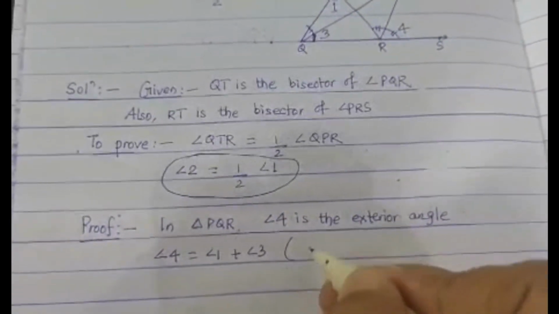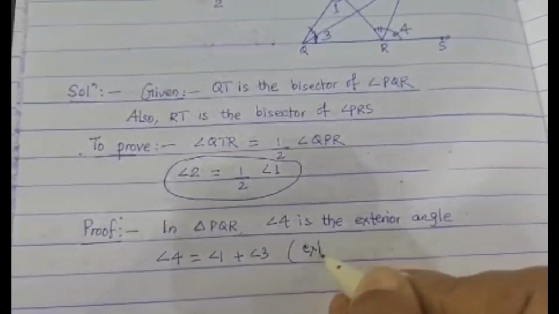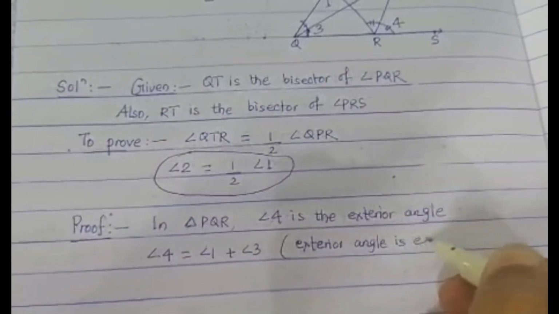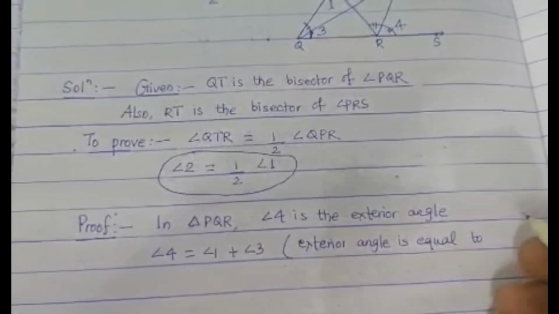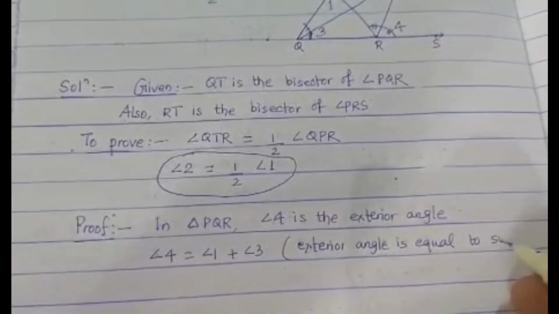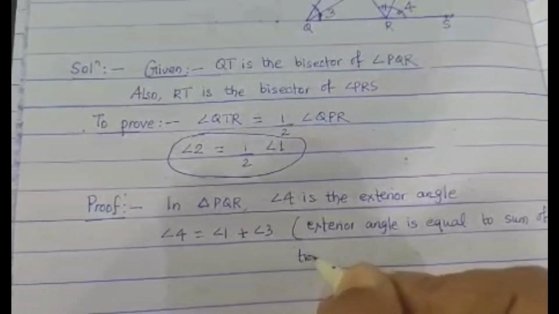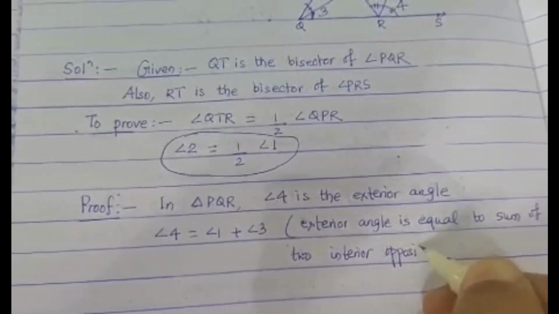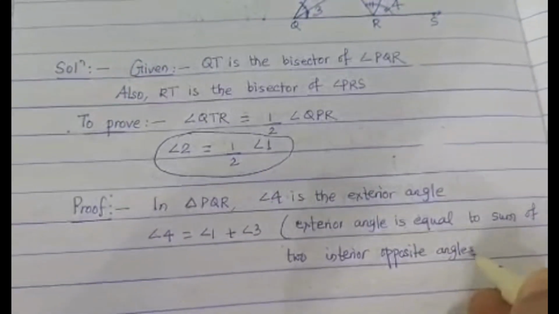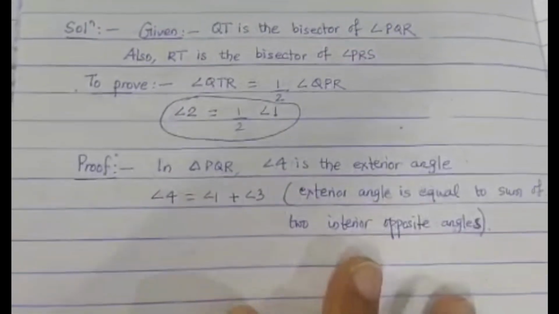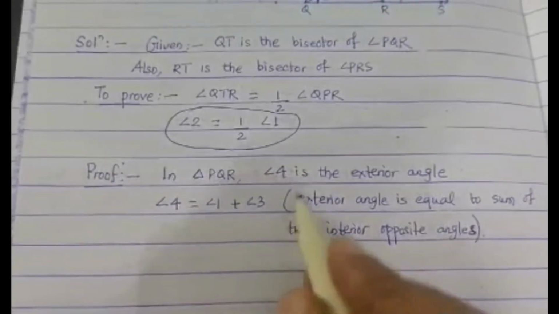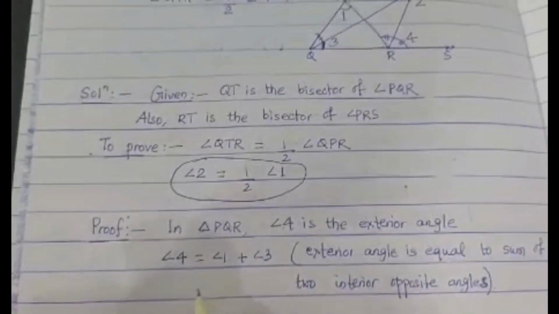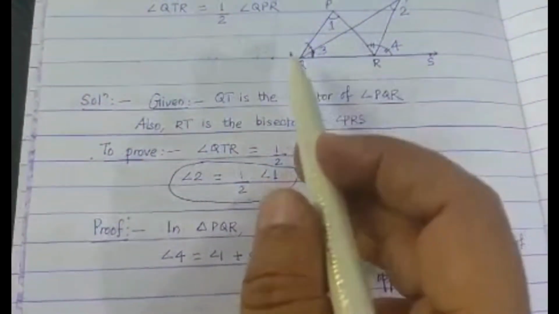I hope you remember the theorem: the exterior angle is equal to the sum of the two interior opposite angles. I always say it is good to write the theorem or axiom you are using; it gives a good impression. So angle 4 equals angle 1 plus angle 3.